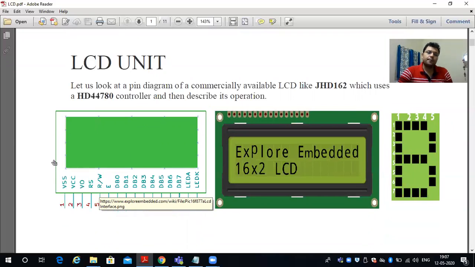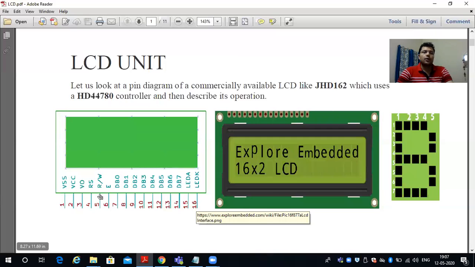This is the pin configuration corresponding to the LCD display unit. In total, there are 16 pins. Some of the pins are for powering up the device, like the first VSS, second pin VCC, third pin is for voltage control, and pins 15 and 16 for brightness.